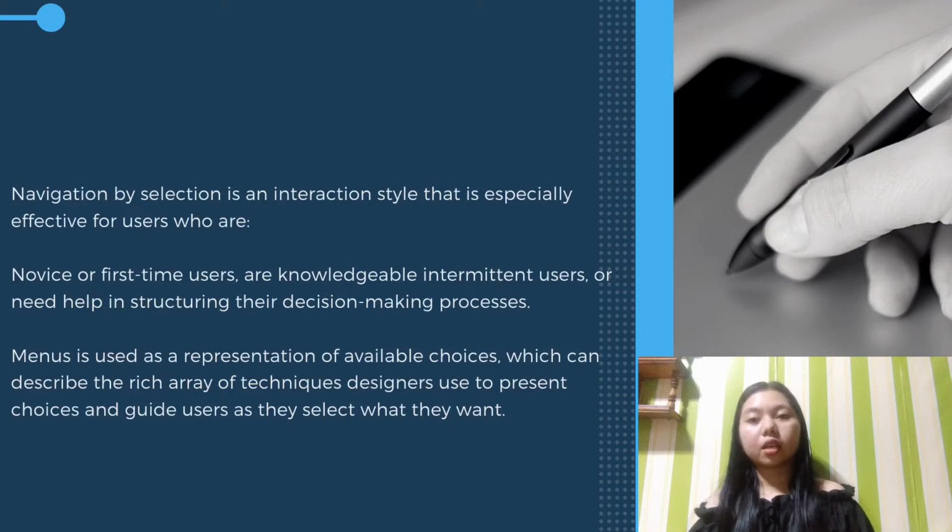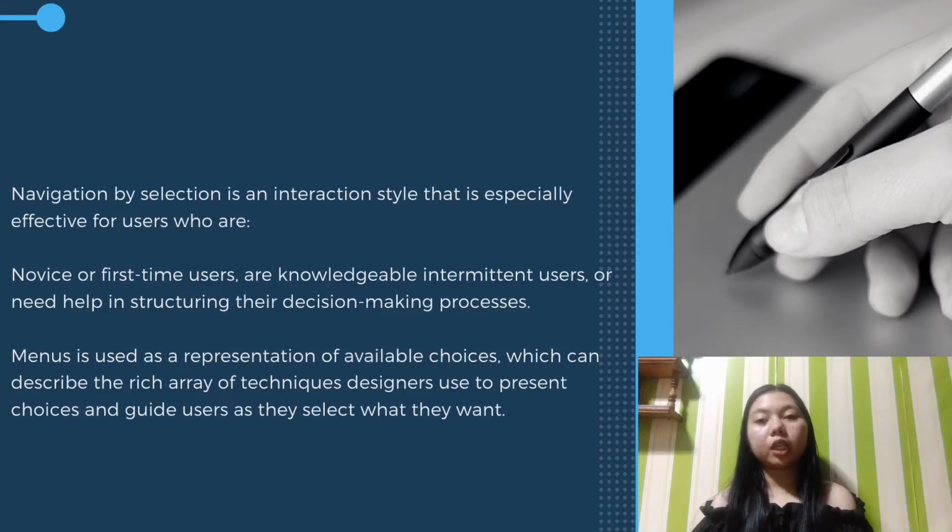Navigation by selection is an interaction style that is especially effective for users who are novice or first-time users, are knowledgeable intermittent users, or need help in structuring their decision-making processes. With complex menus and rapid interaction, menu selection can be appealing to expert frequent users.